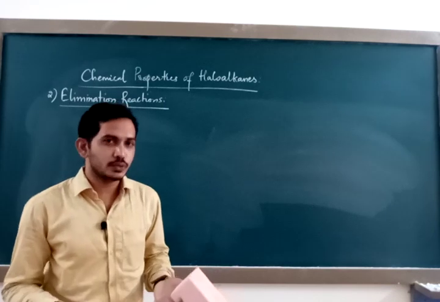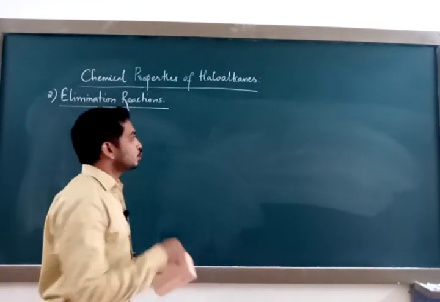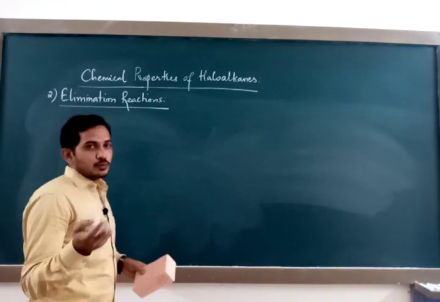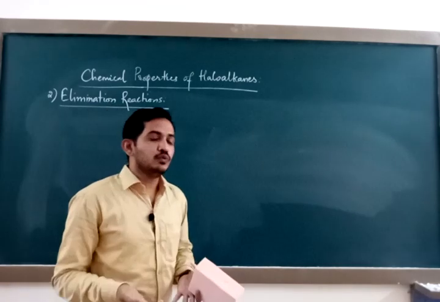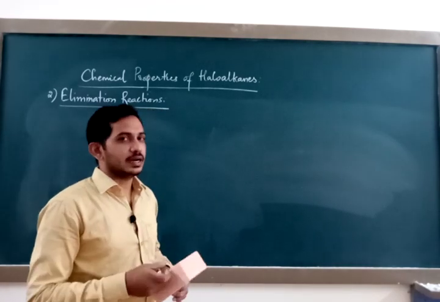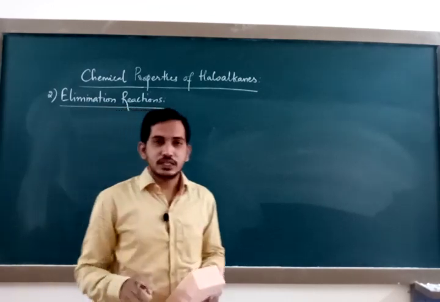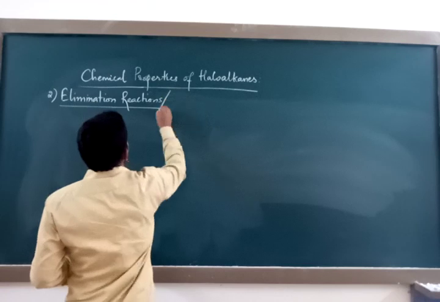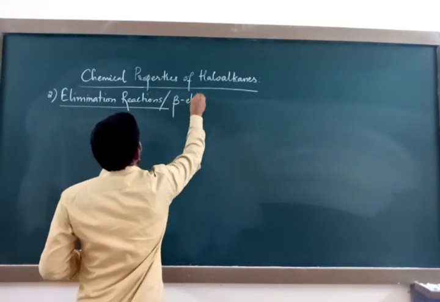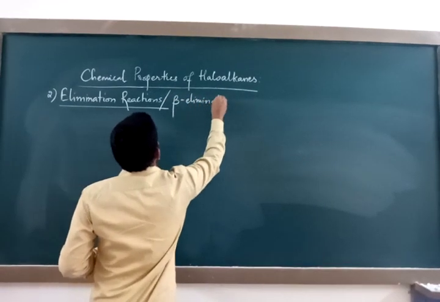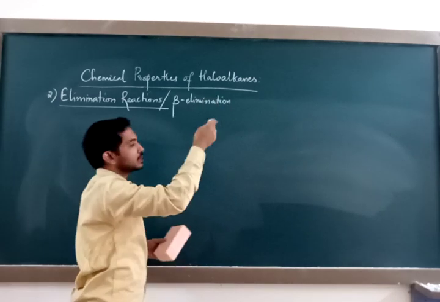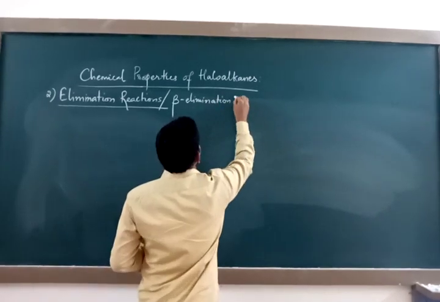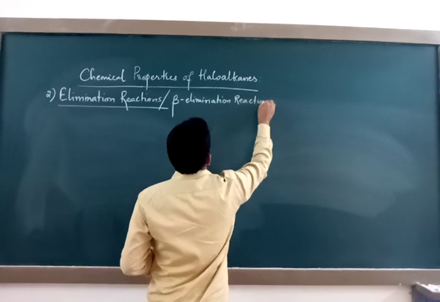Here our given compound should be a haloalkane. So what part can be removed easily? It is halogen part. So elimination reactions are otherwise called beta elimination also. Why are they called beta elimination? I will tell you after some time. They are also called beta elimination reactions.